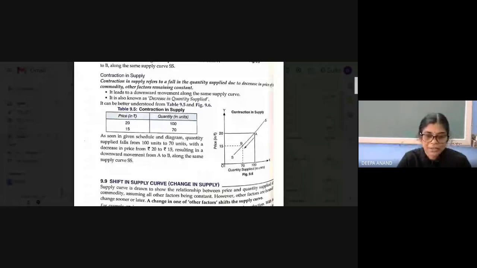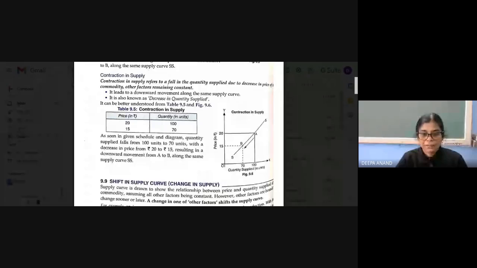Shift in supply curve happens. In the previous case, we took into consideration only the price of the given product. It increases and decreases. So whenever there is a change in the other factors, it results in a shift of the supply curve.